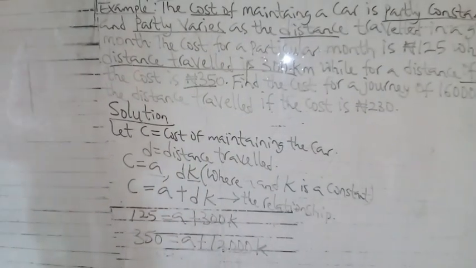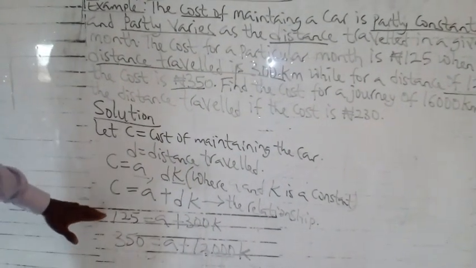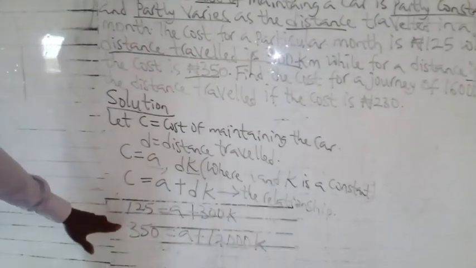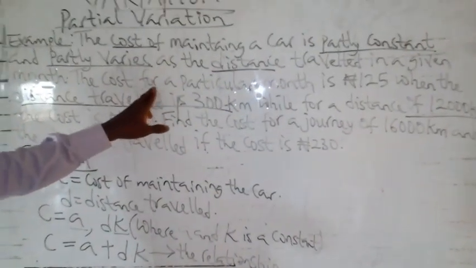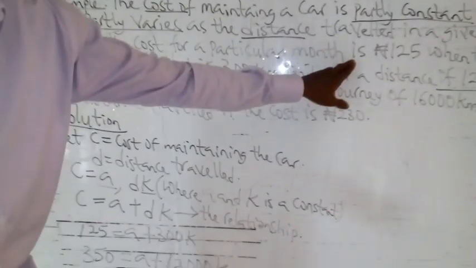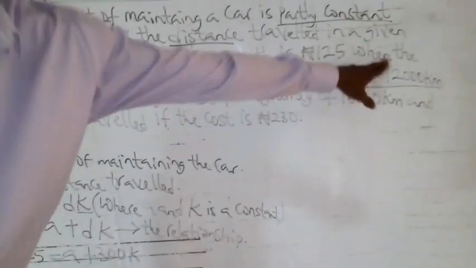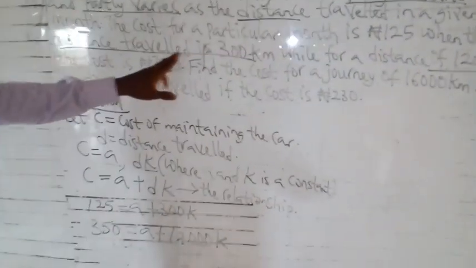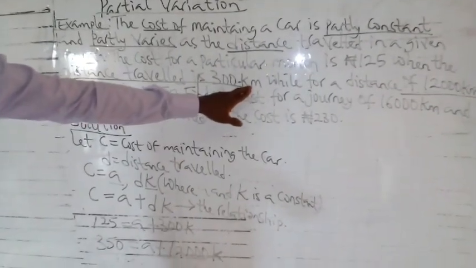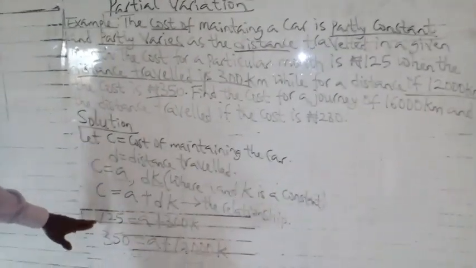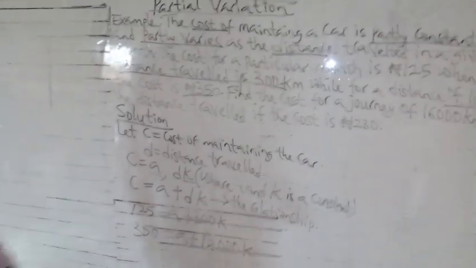Viewers at home, I hope you can see how these two equations were formed. They said the cost for a particular month is 125 naira when the distance traveled is 300 kilometers, while for a distance of 12,000 kilometers the cost is 350, and that is what I have used in forming these equations.